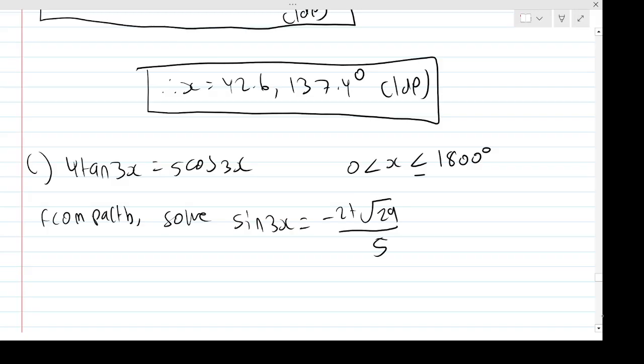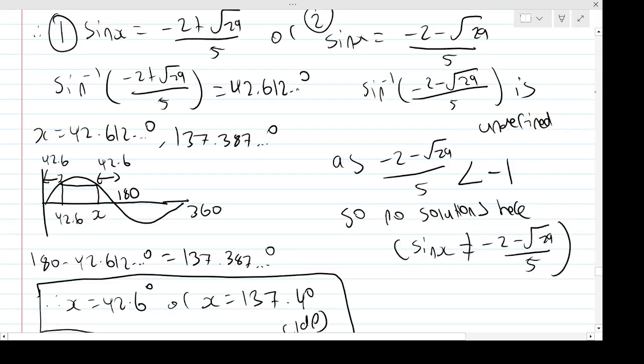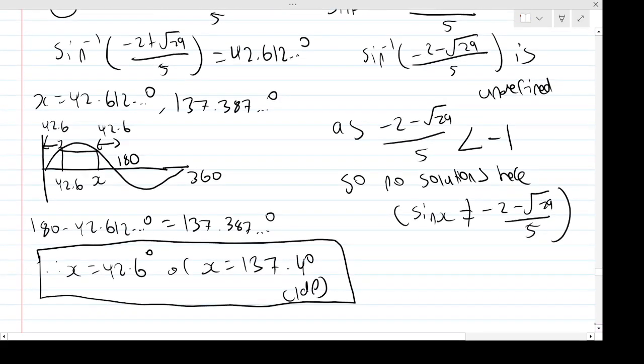The key with these sort of questions is to consider how many solutions are in the first 360 degrees, between 0 and 360 degrees. In part B, for this equation, remember here that are boxed, there were only two solutions.